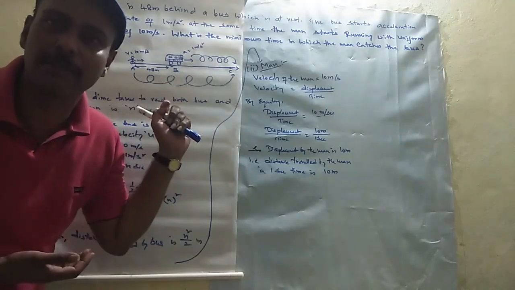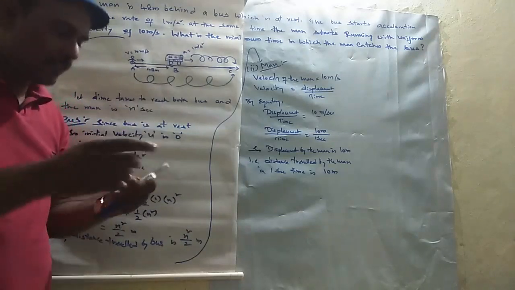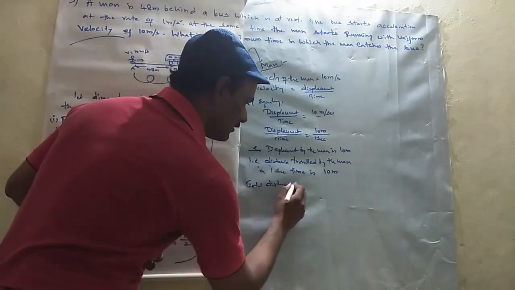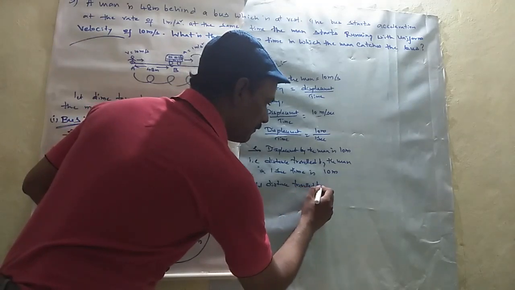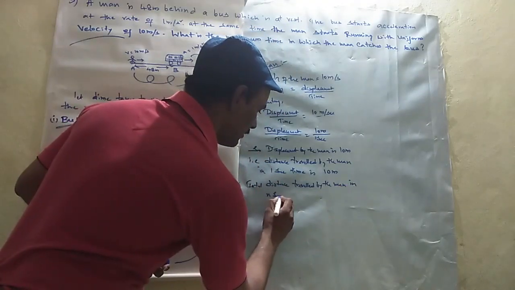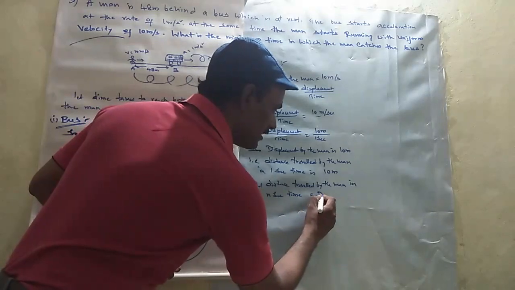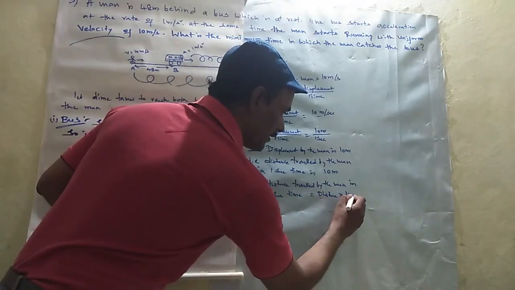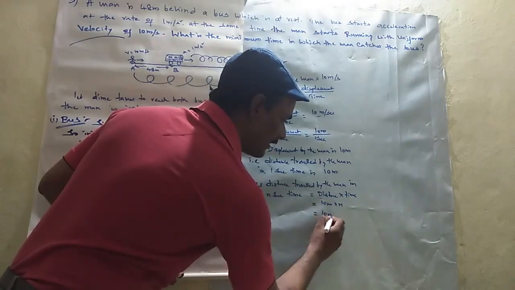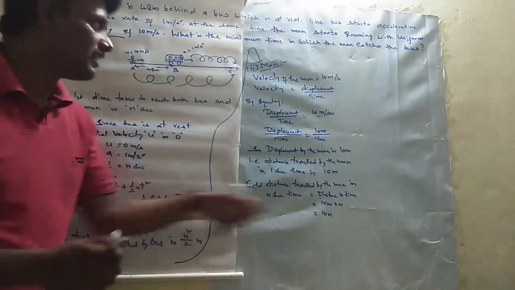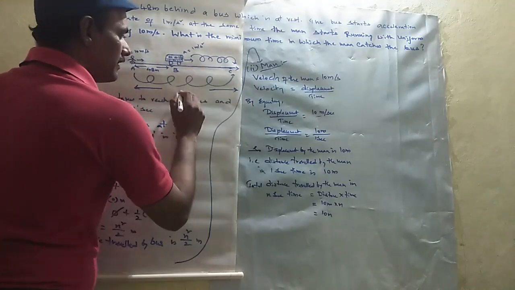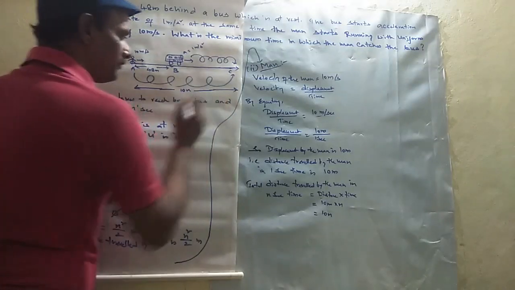Like that, for n seconds, the total distance traveled by the man in n seconds equals velocity into time, 10 meters into n, that is 10n.